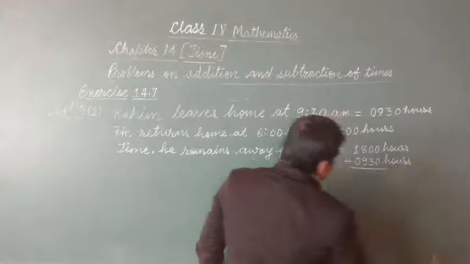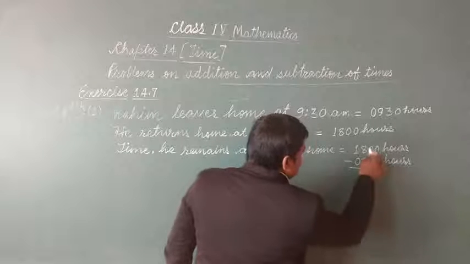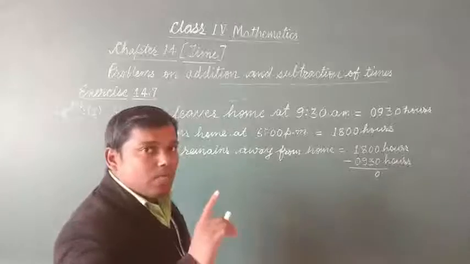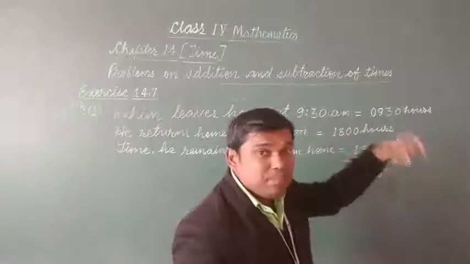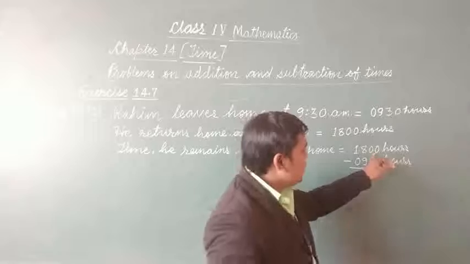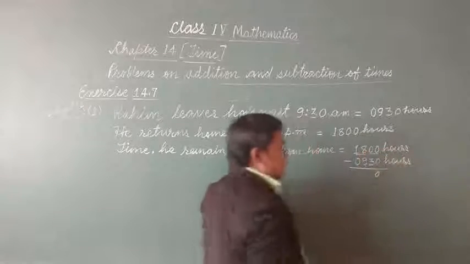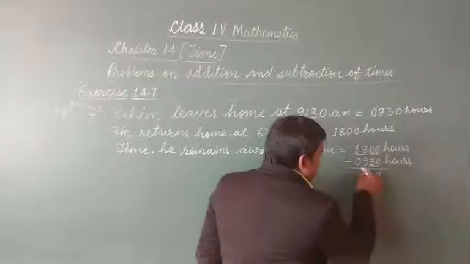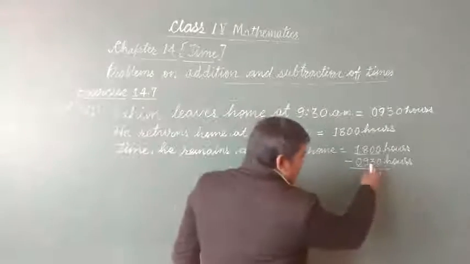When we subtract, we get here 0 minus 0, 0, 3 minus 0, 3. Not possible. So we take one borrow. One borrow means here we are going to take 60 minutes. These two digits indicate minutes and these two digits indicate hours. Similarly here these two digits indicate minutes and these two digits indicate hours. So it is 30 minutes.